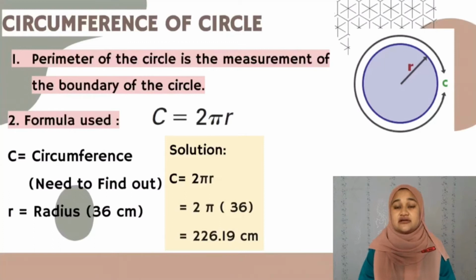The circumference of a circle, or the perimeter of the circle, is the measurement of the circle boundary. The formula used to calculate the circumference is 2 pi r. The radius of the Tudung Saji Mengkuang measured is 36 cm. So, the circumference of the Tudung Saji base, which is a circle, is 226.19 cm.